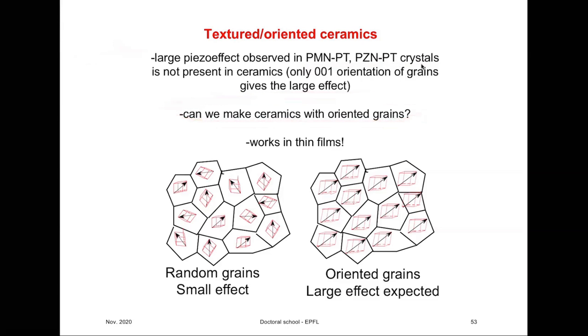How would this work? First of all, in polycrystalline thin films, it is much easier to get orientation, to get a texture than in bulk ceramics. We are working with the thinner layers. If we can control nucleation of the grains and so on, we often get textured, some preferential growth of grains.